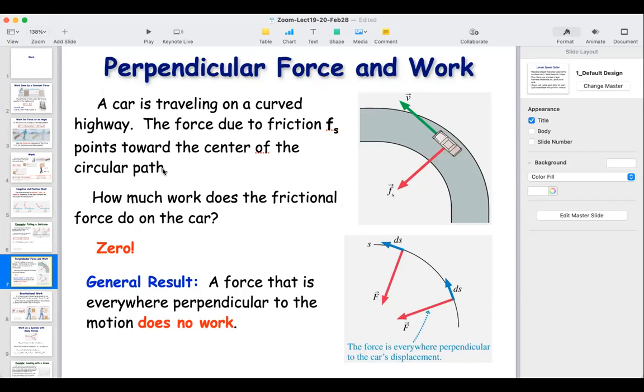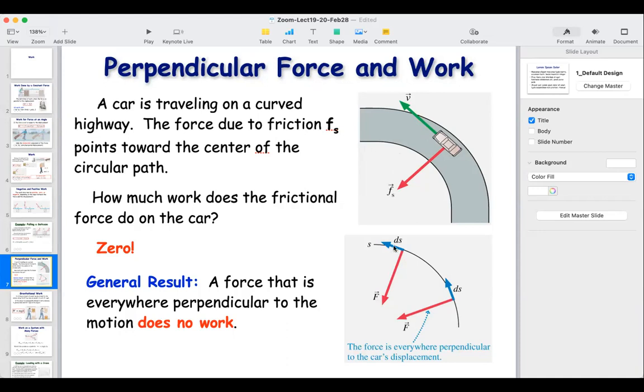And then we said that the centripetal force can also be played by the friction, right? That keeps the car going along the circular motion. So in this case, our friction is going towards the center. And although the car is constantly changing its direction, the friction also constantly changes its direction toward the center, right?